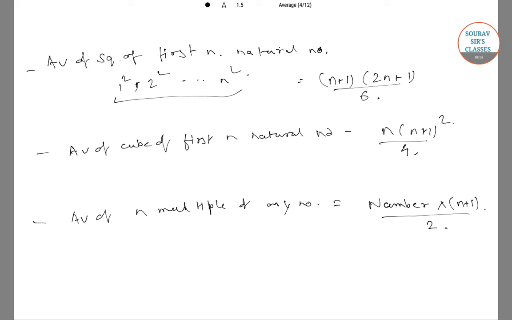Now suppose we have to find the average of the first 10 multiples of 3, that is 3, 6, 9, so on till 30. Then the average is equal to the number, that is 3, into n plus 1, which is 10 plus 1, divided by 2, which is equal to 33 by 2 or 16.5.